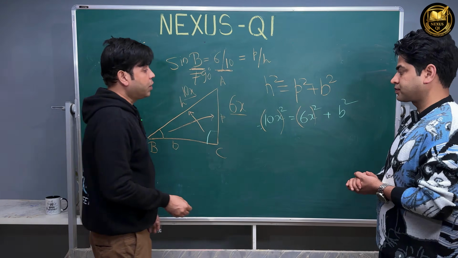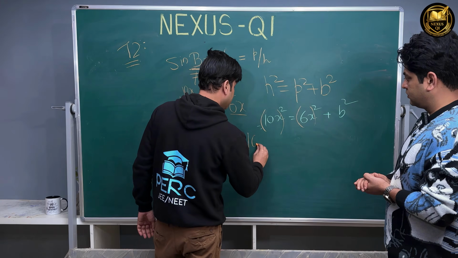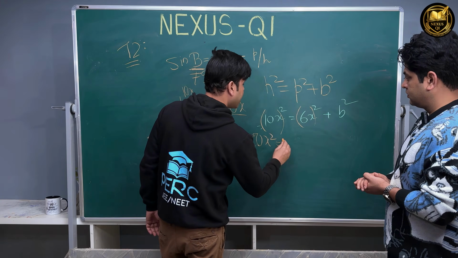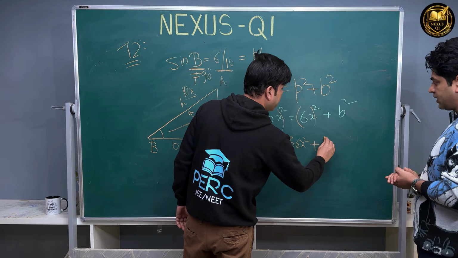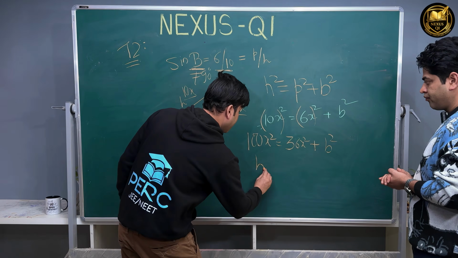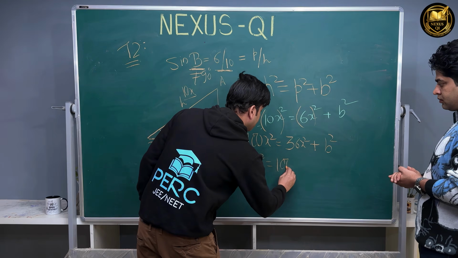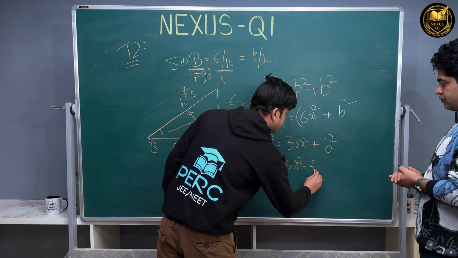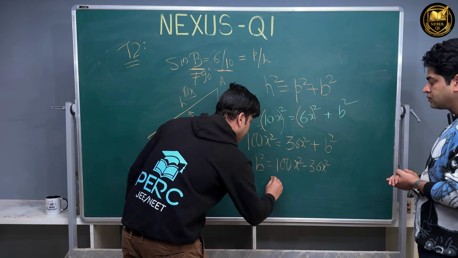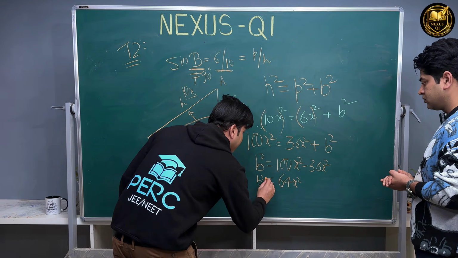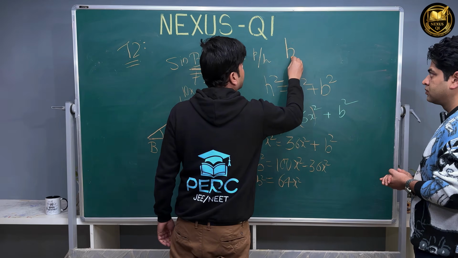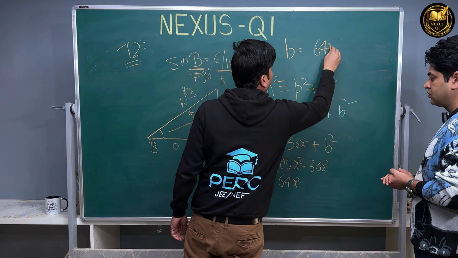So this (10x) whole square becomes 100x square equals 6 square, that is 36x square, plus b square. Now b square will become 100x square minus 36x square, which comes down to 64x square. That is my b square. So b will be equal to root of 64x square.